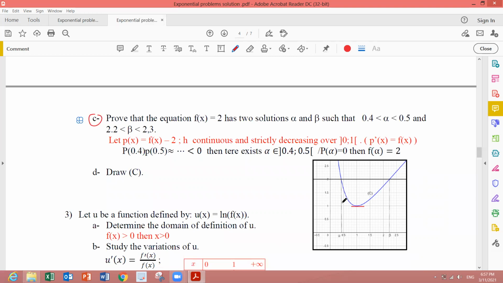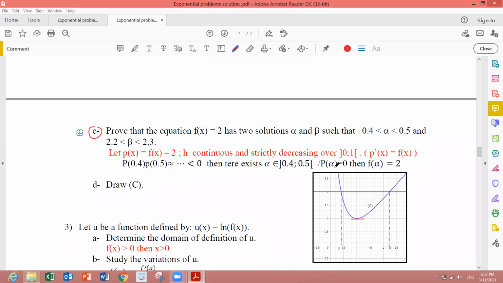And we take some particular points. So here the curve is decreasing from near the vertical, which is the y-axis, to the minimum. Then it increases to plus infinity. It is better to take some particular points using your calculator.